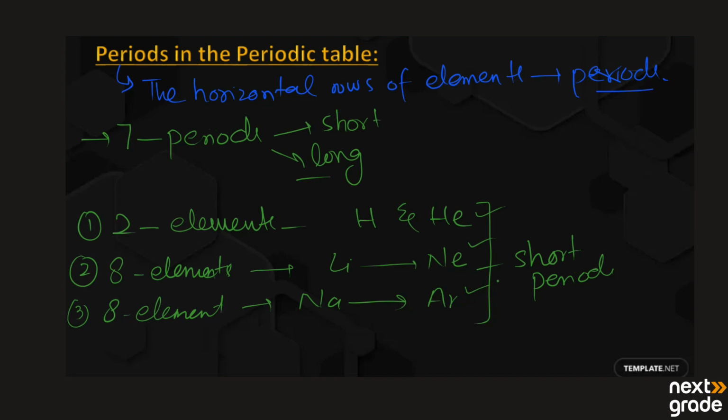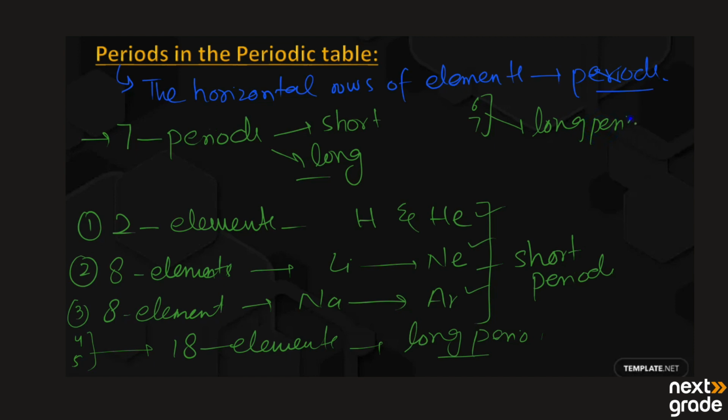The fourth and fifth periods have 18 elements each, so these are known as long periods. Periods 6 and 7 are also long periods because they have a large number of elements, and part of them is given at the bottom of the periodic table.